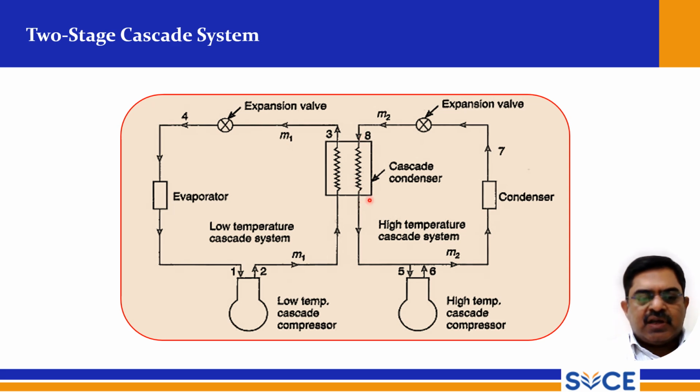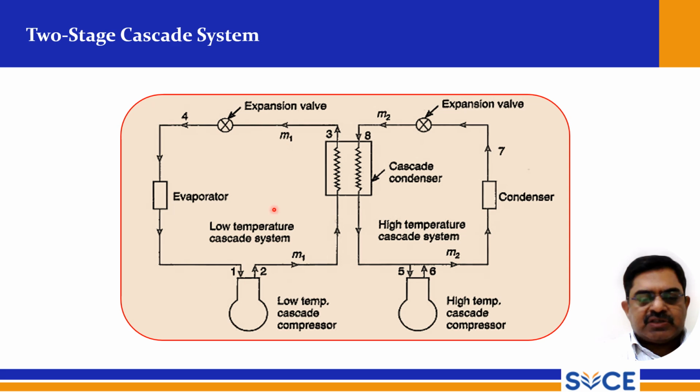Instead of a condenser, it acts as an evaporator, where a separate condenser is provided for the high temperature side. So this is the arrangement, with the mass of refrigerant M1 on the LT side and M2 on the HT side. So this is the simple arrangement.